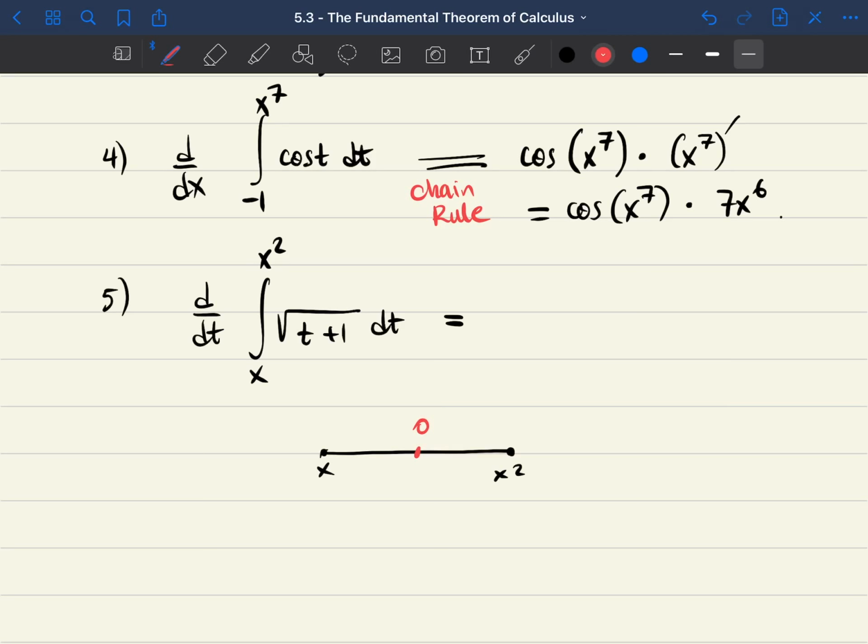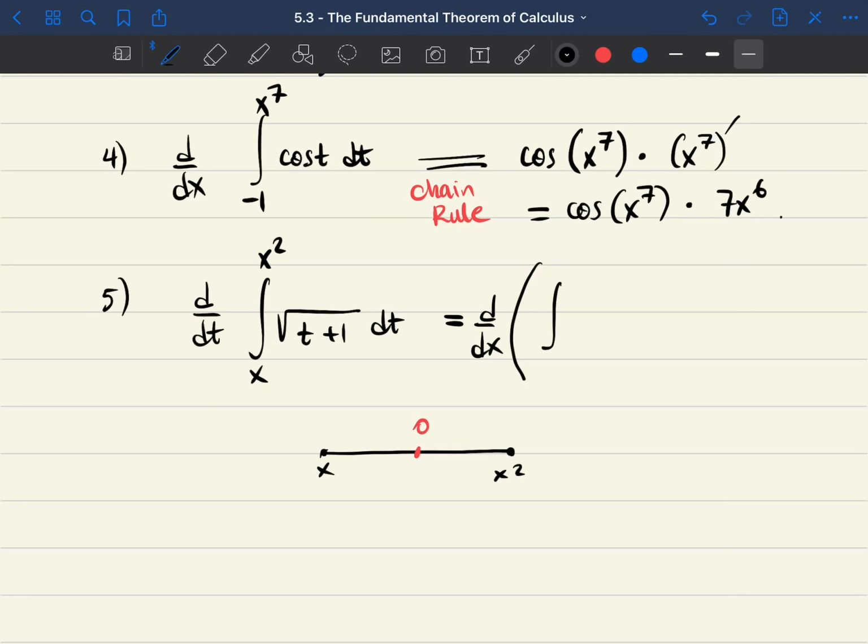Then you have the derivative with respect to x of the following. So according to the properties of integrals, you can first integrate from x to 0, and then from 0 to x squared, and add the two things.